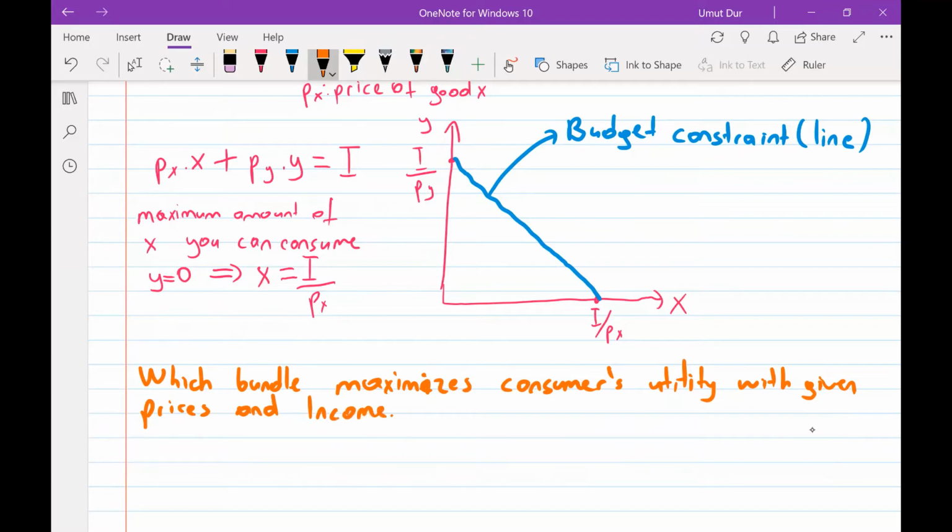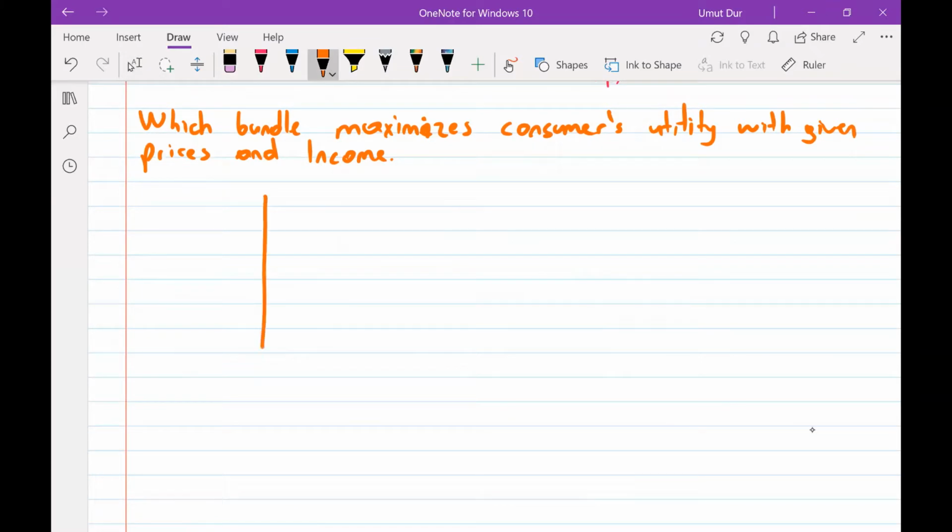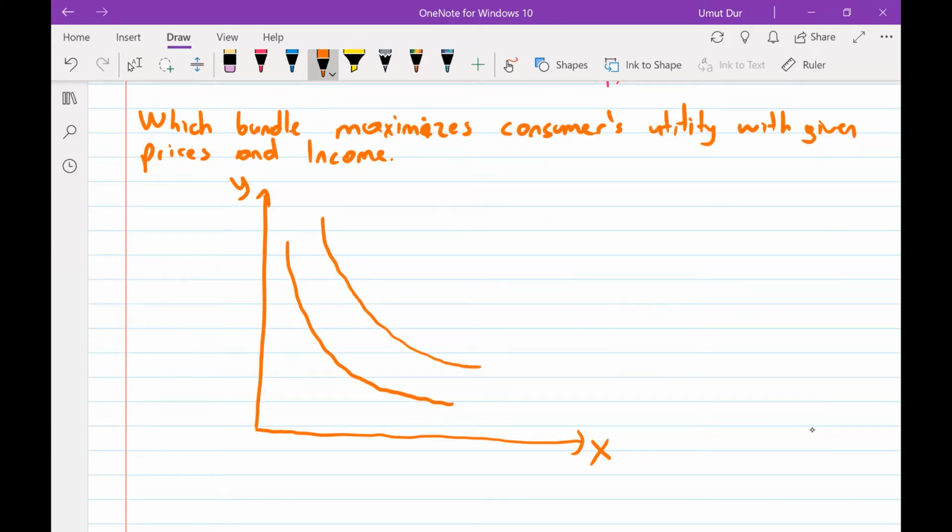As you remember, let me draw it again. If you remember the preferences, when we talk about the indifference curves, we said that as the indifference curve goes up, the farther the indifference curve is from the origin, the better it is.